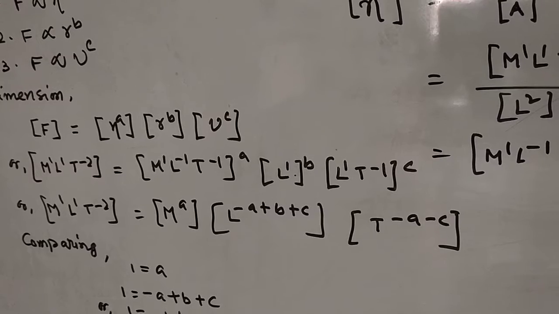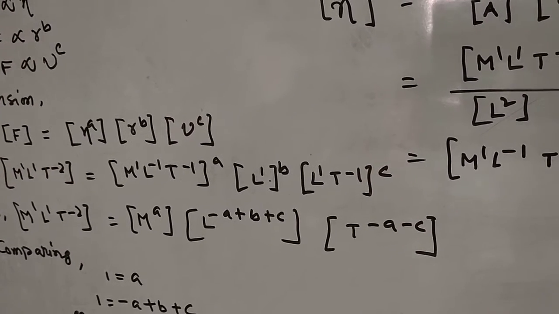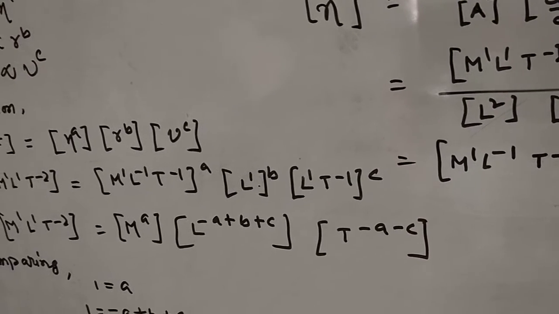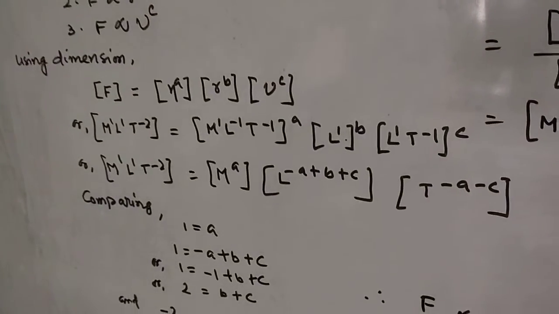You just add the exponents as it is in product form. M is a, there is no M parameter on the other side, L is minus a plus b plus c, and T is minus a minus c. Now you have to compare the exponents.